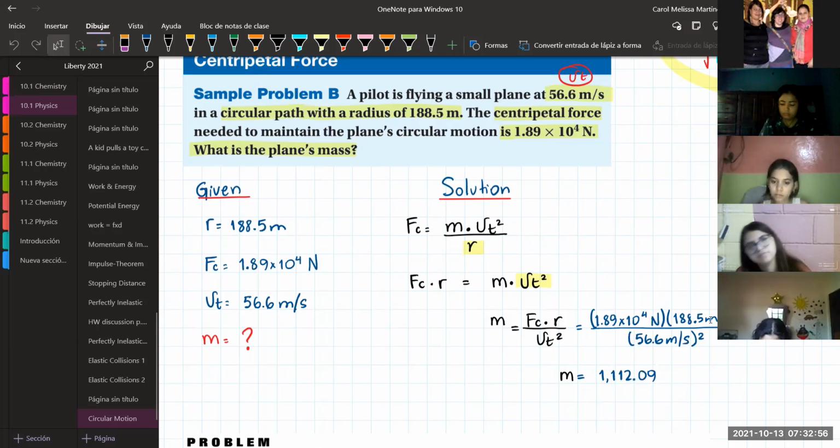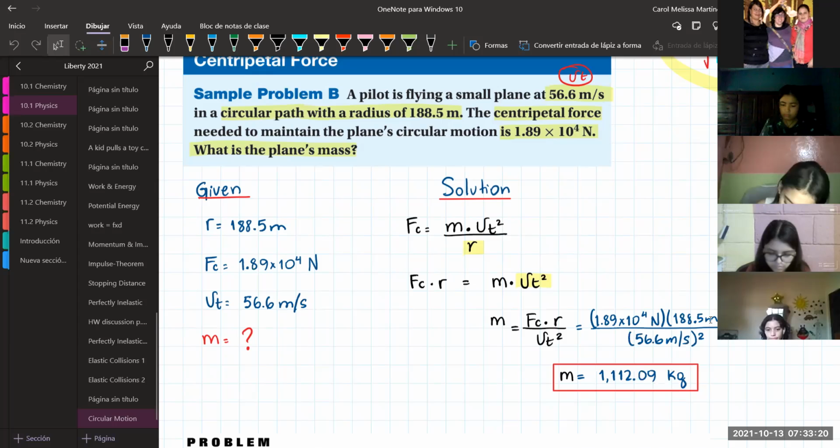Don't worry, I just prefer two digits after the decimal point, but that is my personal choice, okay? Because we're talking about mass, and all the units are corresponding units, this answer is going to be in kilograms.